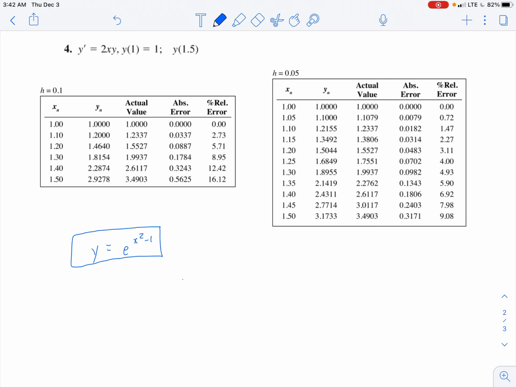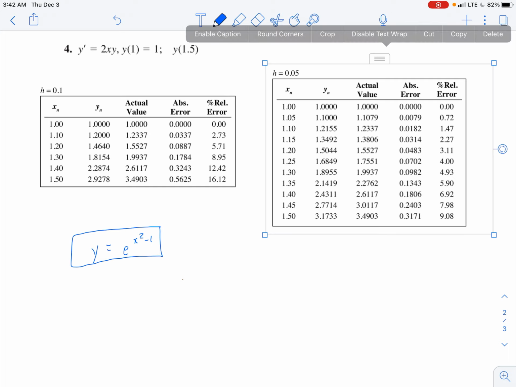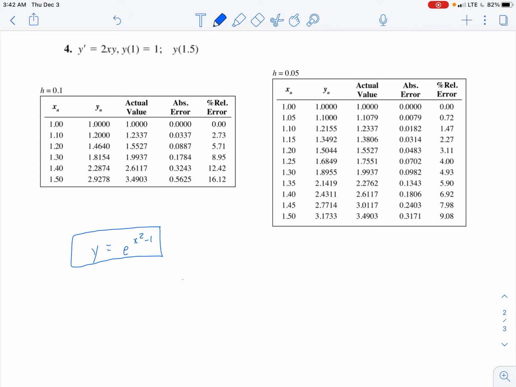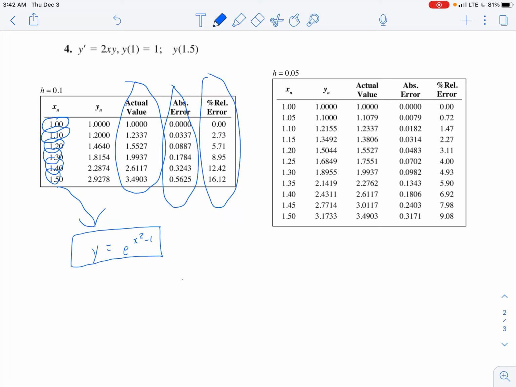And so what we have, again, are the actual values, where we plug in all these x values into what we solved for. And we're going to be able to determine the actual value. That way we can get the absolute error and the percent relative error. Alright?